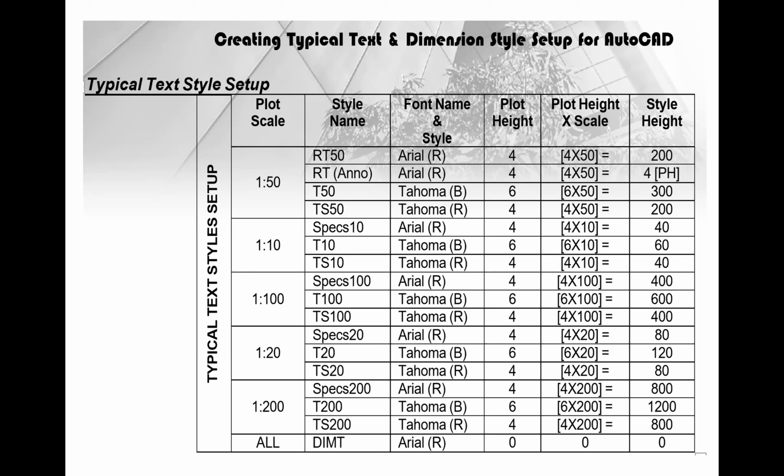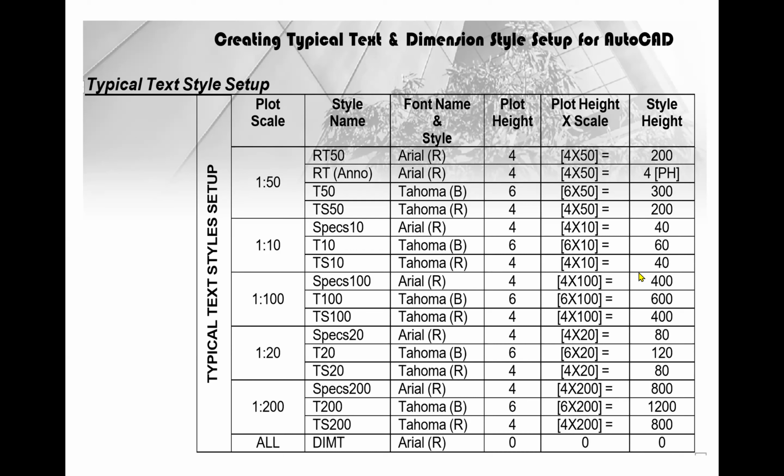If you want it to be 5 mm on paper and your plot scale is 1 in 50, it's 5 times 50. If you're going to print it 1 in 20 and you want it 3 mm, it's 3 times 20. If you want to print 1 in 100 and it's 3 mm on paper, 3 times 100. Everybody get the gist? So it is height on paper times plot scale.